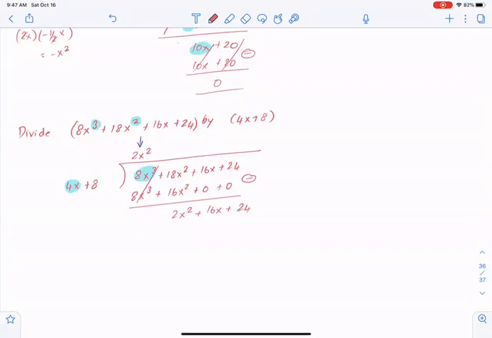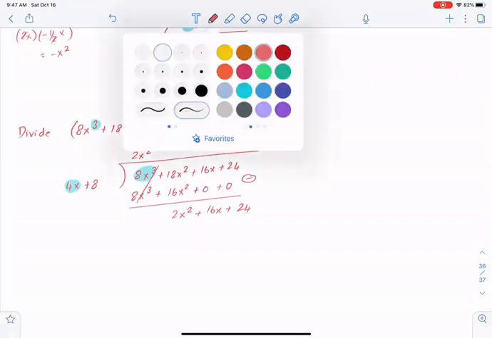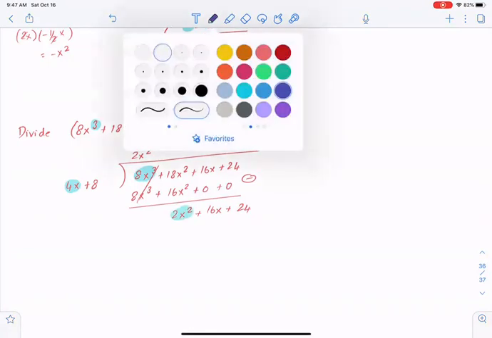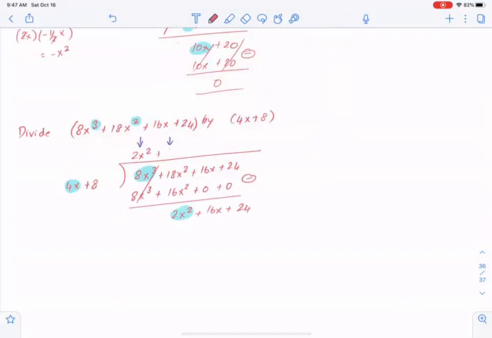I've got to multiply 4x in the divisor by some expression here so that I get 2x squared, and that has to be 1/2 x.